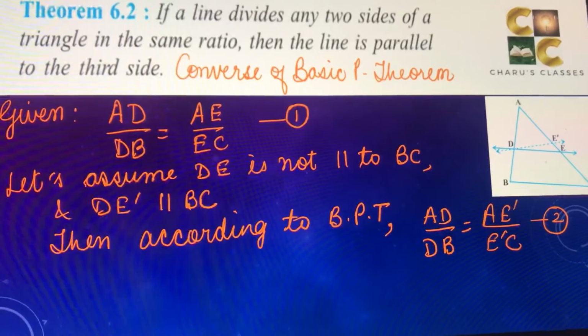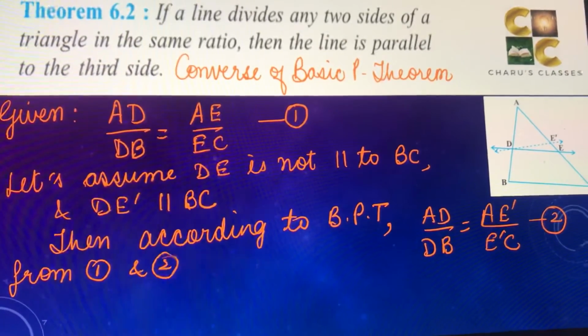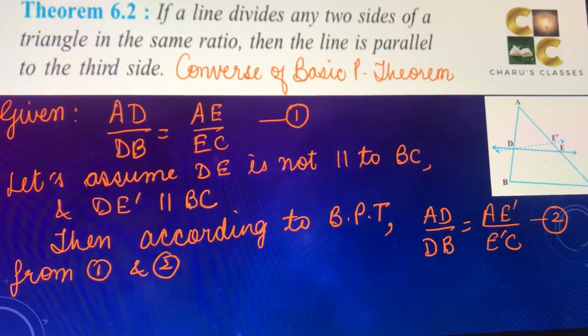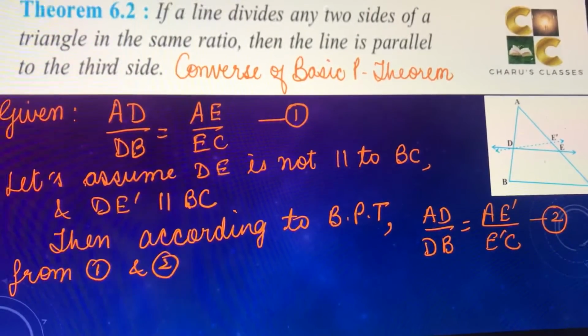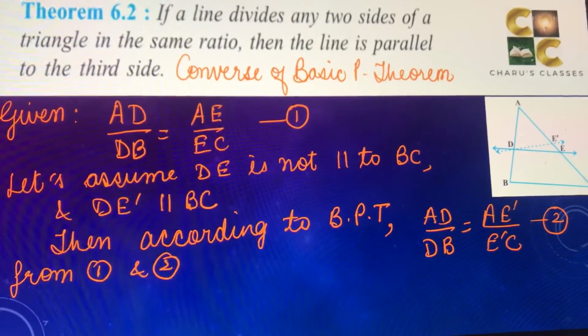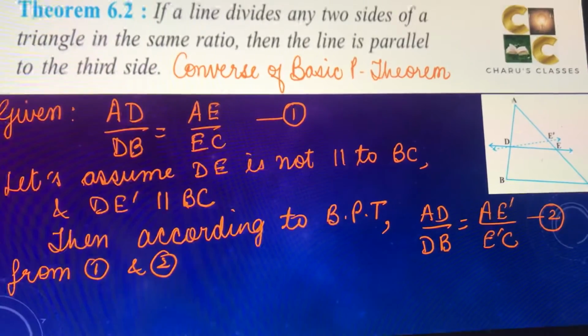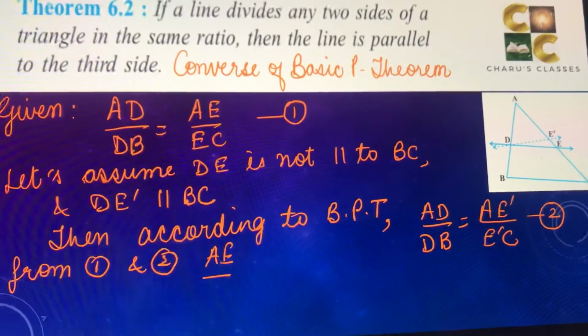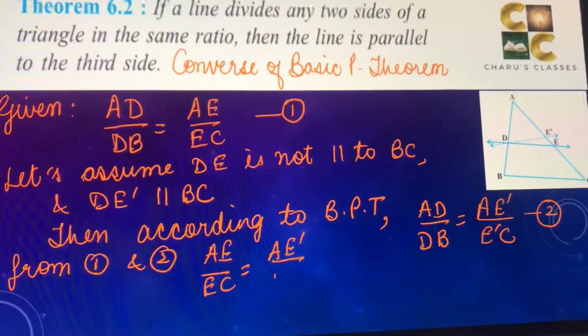So from 1 and 2, you can see AD by DB is equal to AE by EC and AD by DB is equal to AE dash by E dash C. So दोनों की left hand side same है, तो right hand side भी same होगी, which means AE by EC is equal to AE dash by E dash C.